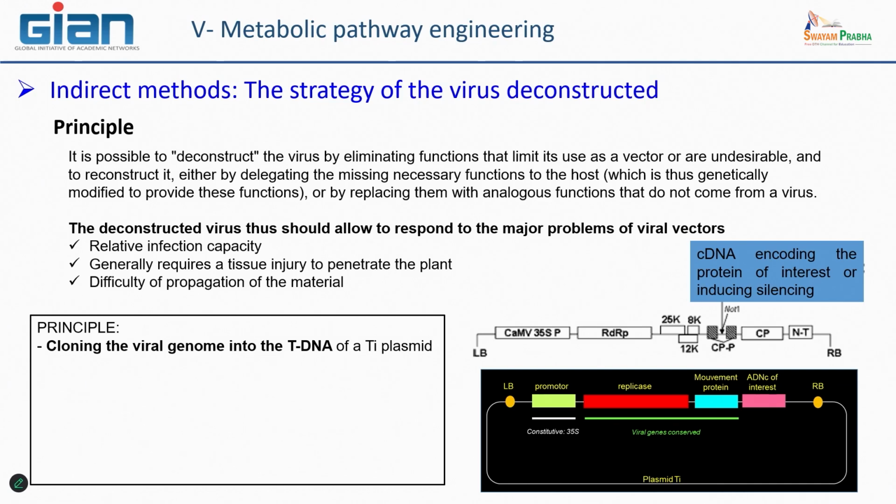I'm just illustrating here that we can combine the principle of using virus genes with the properties of the T-DNA of Agrobacterium. For example, we can do what we call a deconstructed virus.